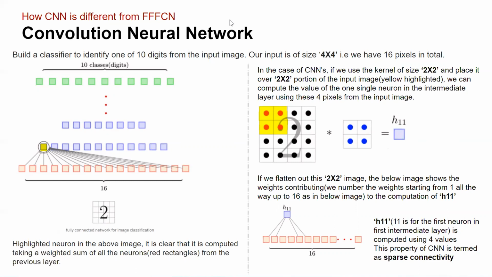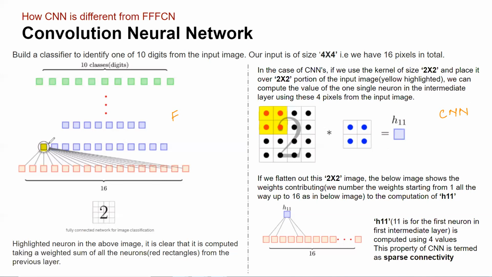The other distinction between your CNN and feed-forward network is, again, just consider that is a number 2, and here we are having one side feed-forward network, and here I'm having CNN. So this is exactly the same as what we have seen in the previous slide.